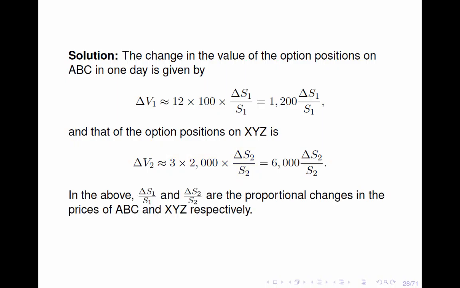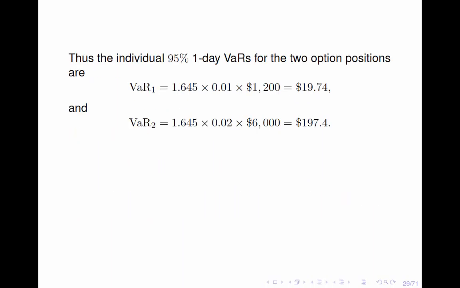In the above expressions, delta S1 over S1 and delta S2 over S2 are the proportional changes in the prices of ABC and XYZ respectively, and they are where the risk lies in. Thus, the individual 95% one-day VARs for the two option positions can be calculated respectively as follows. Note that for 95% confidence level, alpha is equal to 1.645.